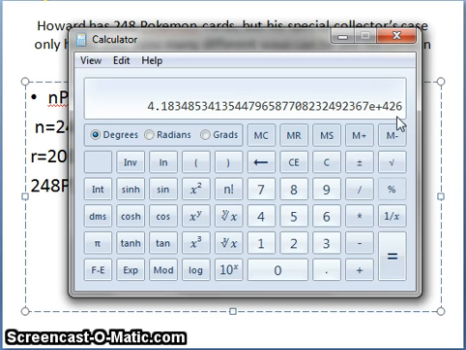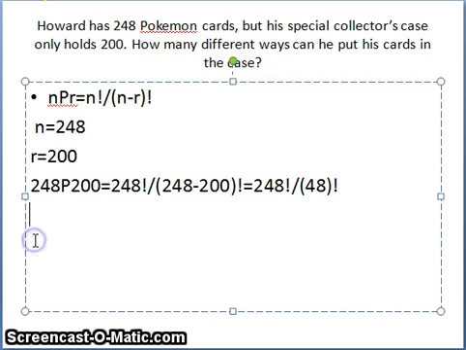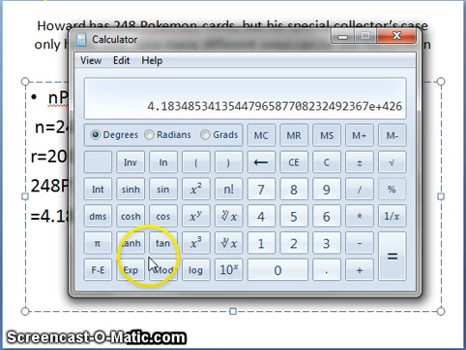So we're going to say, this actually does scientific notation. So your calculator may do this also, so this is good for you to actually get to see. 4.18, so we're going to type in 4.18 here. 4.18 times 10 to the, now look here, it says e plus 426, that means 10 to the power of 426.